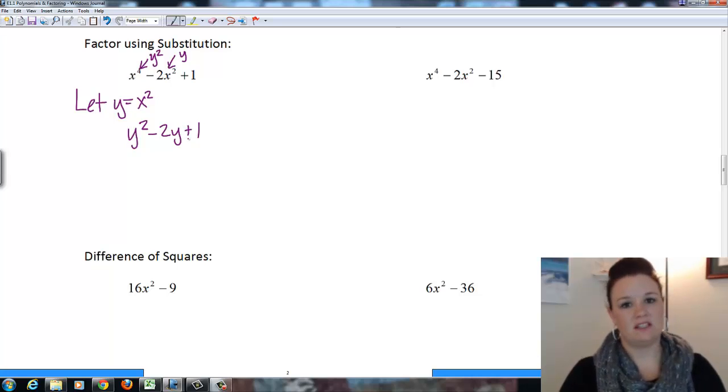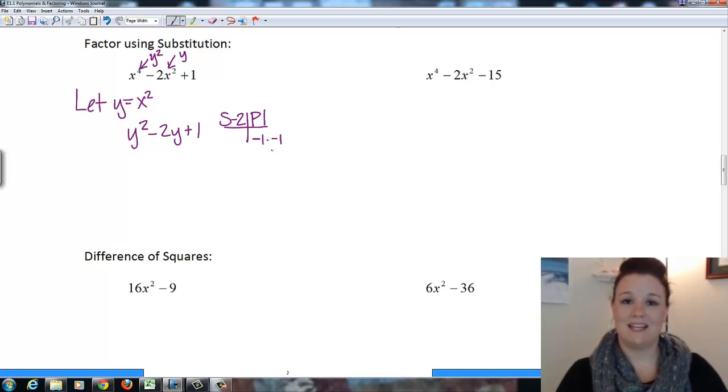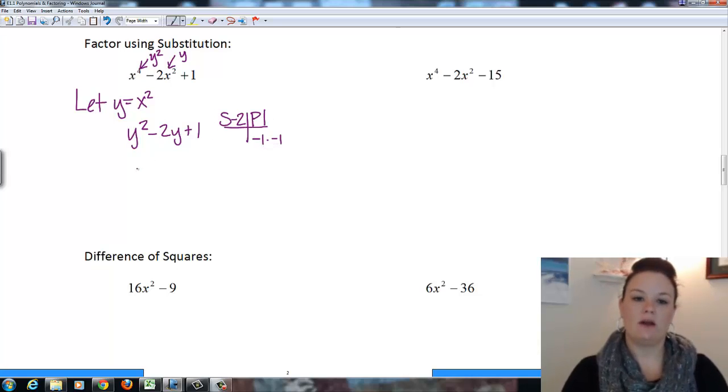And now this is something that's easy to factor. If I factor this one, I need a sum of negative 2 and a product of 1, which I could use negative 1 times negative 1, because negative 1 times negative 1 gives me positive 1. Negative 1 minus 1 gives me negative 2. So I know right away this factors into y minus 1 and y minus 1, but remember we did a substitution.